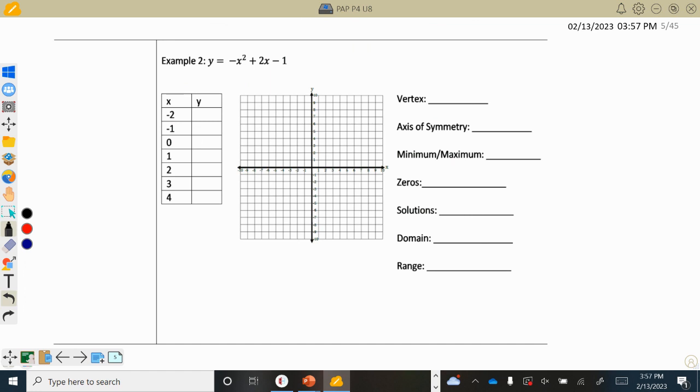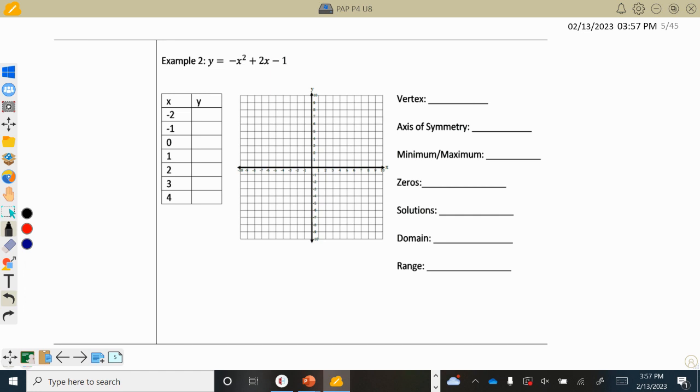All right, I'm going to go to the next page. You should flip to page 4 in your packets. Okay? All right. So for this one, we have y equals negative x squared plus 2x minus 1. Okay, now again, I went ahead and put these in the calculator.